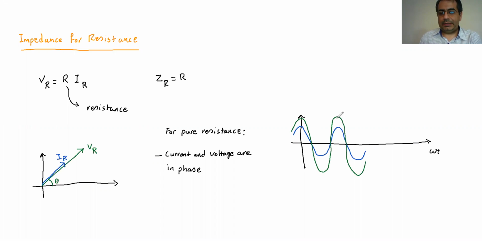You see the peak happens at the same time, and the zero happens at the same time. This one is IT and this one is VT. Whenever they reach the peak, they reach the peak together. When they are zero, both are zero. When they reach the minimum, they reach the minimum together. So we say that they are both in phase.